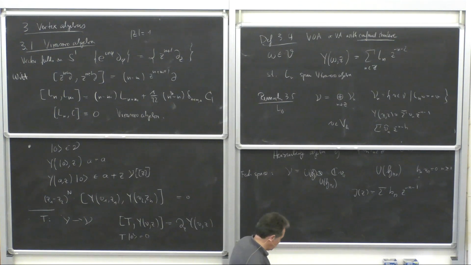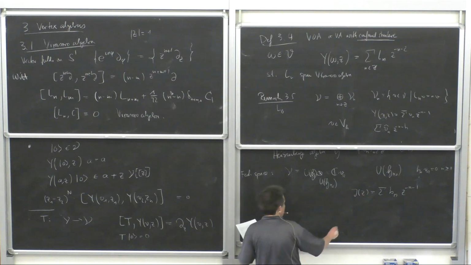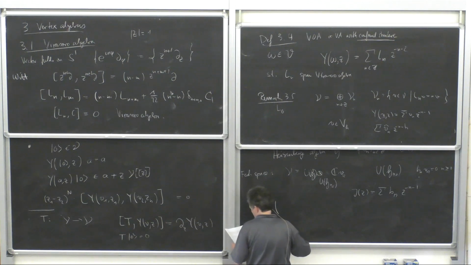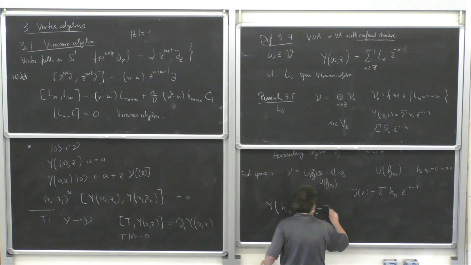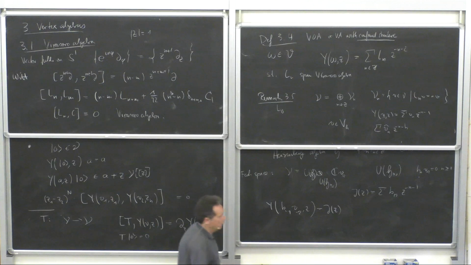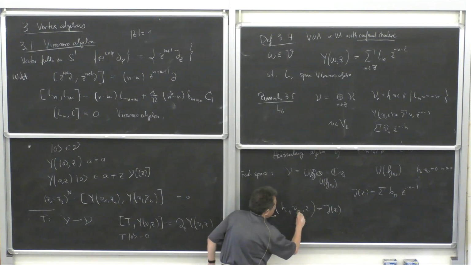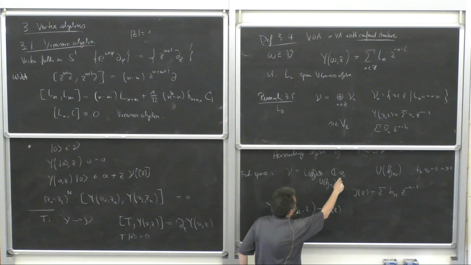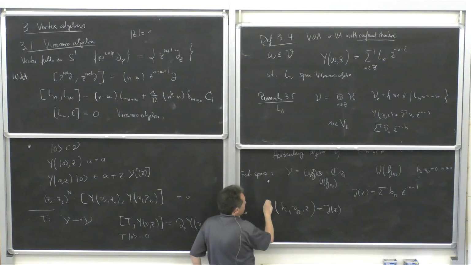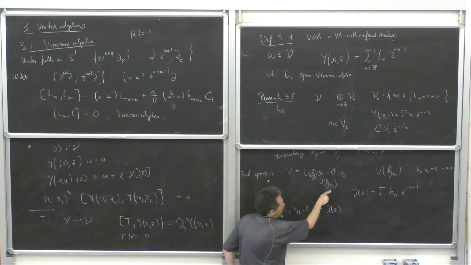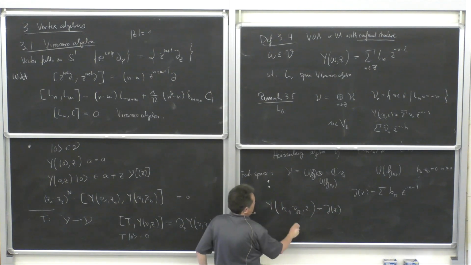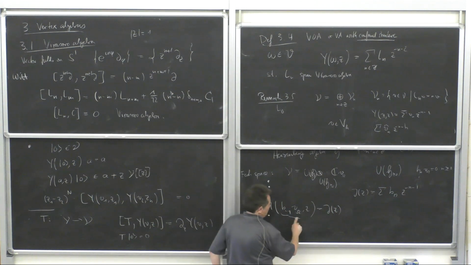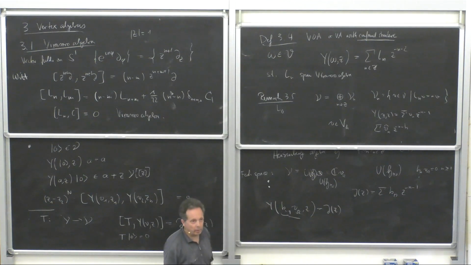And now I will set that Y of b_{-1} applied to the vacuum omega, at z, is just my j(z). Here, this Fock space is easy to imagine. At grade 0, there's a single vector. At grade 1, how can I go down to grade 1? I can just use b_{-1}, so there is a single one. And for this single one at grade minus 1, I take the abelian current.